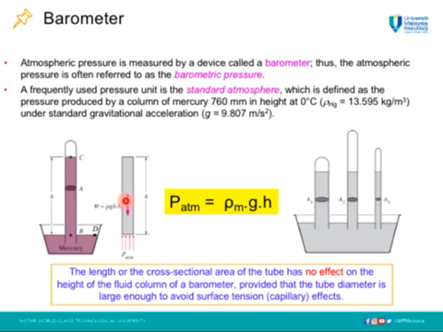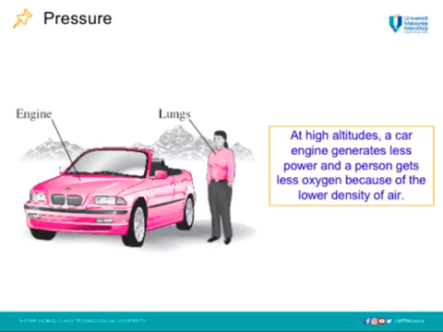As the area of the tube is the same, we can cancel it out, which leaves us with this equation. Note that the length and the cross-sectional area of the tube have no effect on the height of the fluid column of a barometer. Now, why do you think that we use mercury in a barometer instead of water? I will leave this question to you as your homework and we will discuss it in our next class.